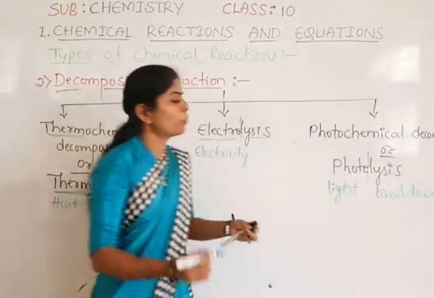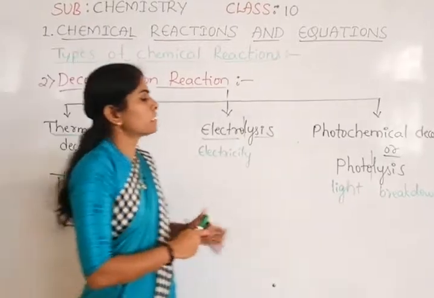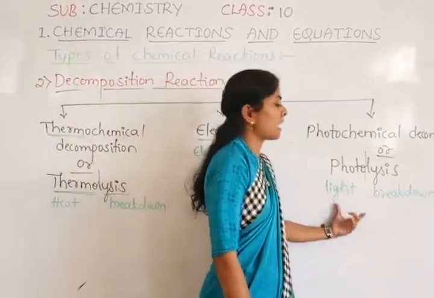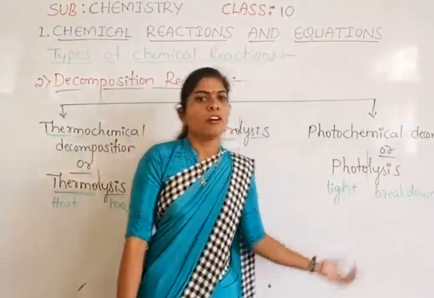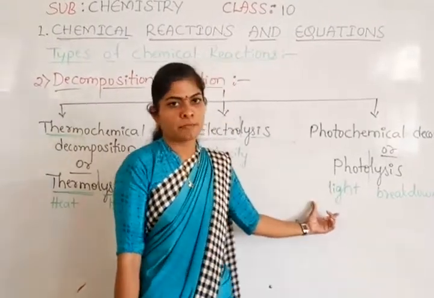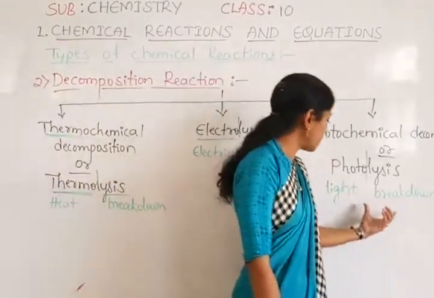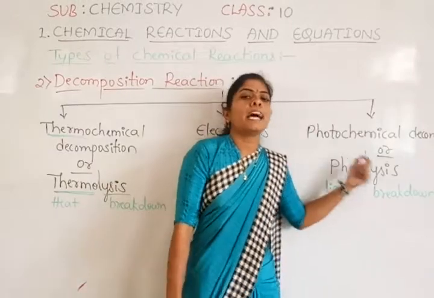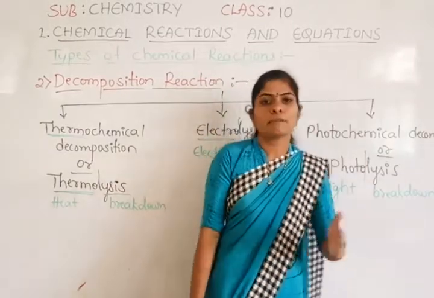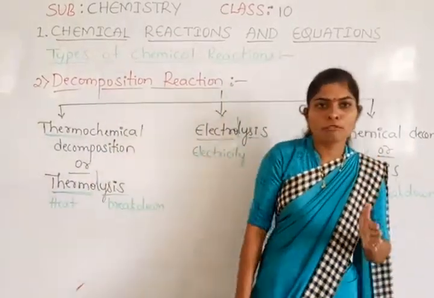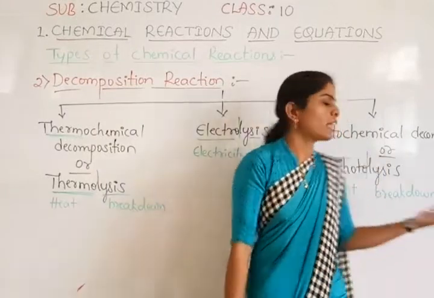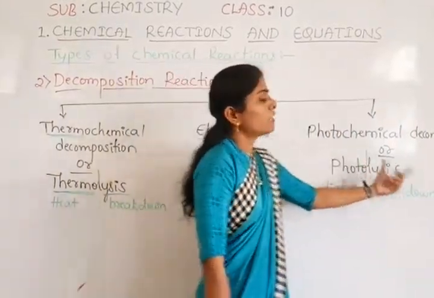If the reactant splits up into new products by using light, either sunlight or any kind of light, for example the light bulbs in your home, then sometimes the compound breaks down. That is what we call photolysis.